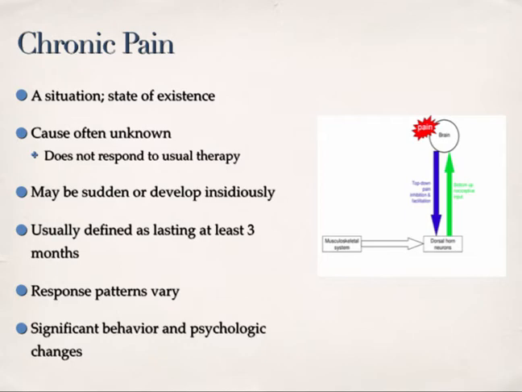But there's times it's hard to pinpoint the exact cause. And it doesn't typically respond to the usual therapy. You can give them NSAIDs, you can try this, you can try that. It may help a little bit, but it's not going to relieve it essentially.